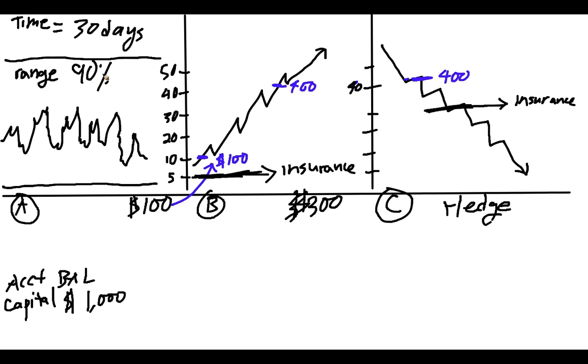There is a 90% chance of winning and making the $100. Scenario B is low risk, high returns because, number one, you're not using your own capital anymore, you're using the house's money, not yours. And you lock in that gain by using a hedge. So really, there's only an upside movement.